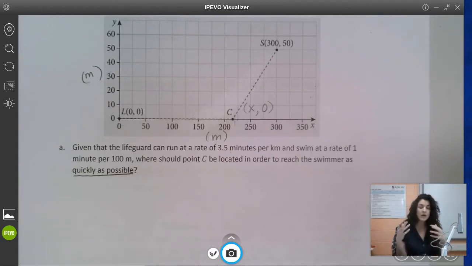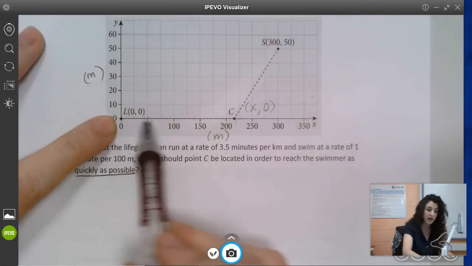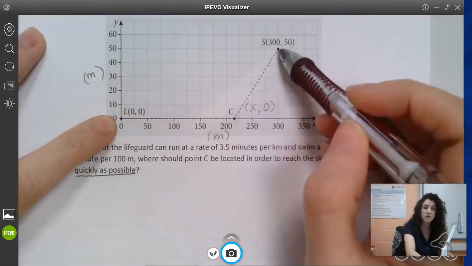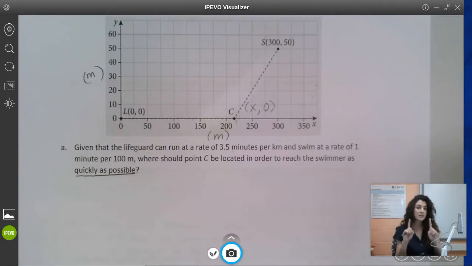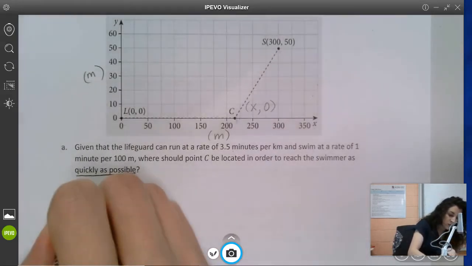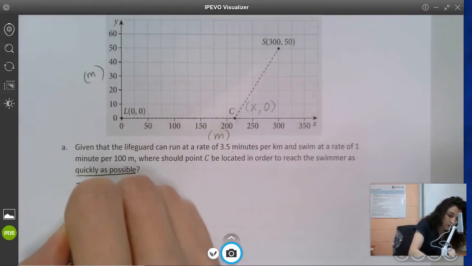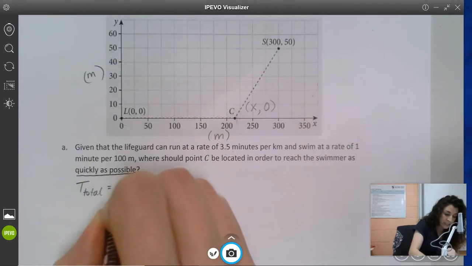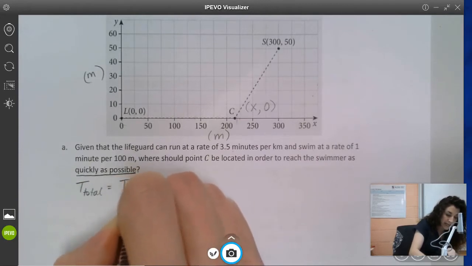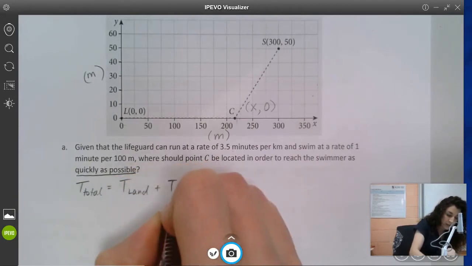We have two parts: a part where they are running, and a part where they are swimming. Each one is its own individual situation, but combining them gives us the entire time. So total time must equal the time along the land plus the time along the sea.